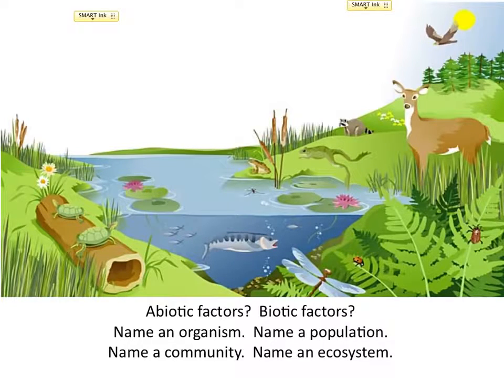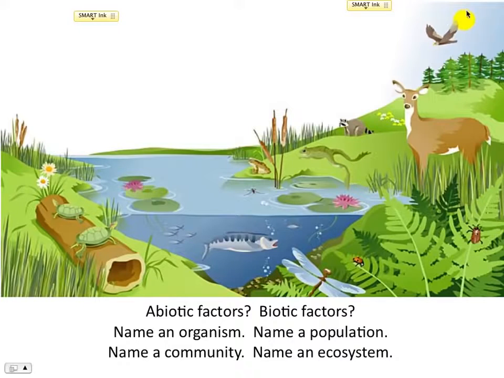Okay, so you've taken the time you need. Abiotic factors, what do we see? So abiotic, the A means not, and then bio means living, so not living. We could talk about the soil that's underneath here. We could talk about this stump of a tree, this log. It is no longer living. It was once part of a tree that was living, but now it's not.